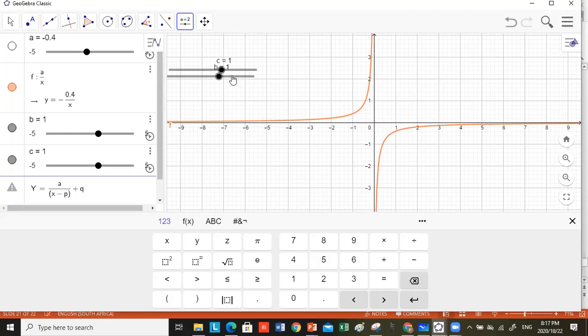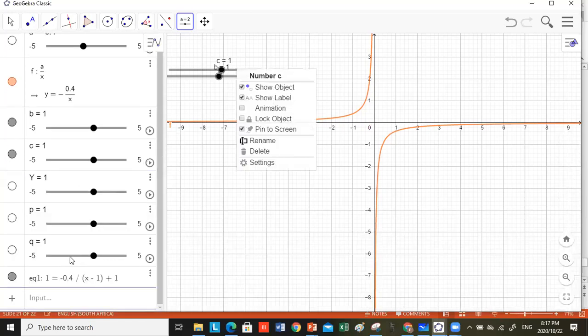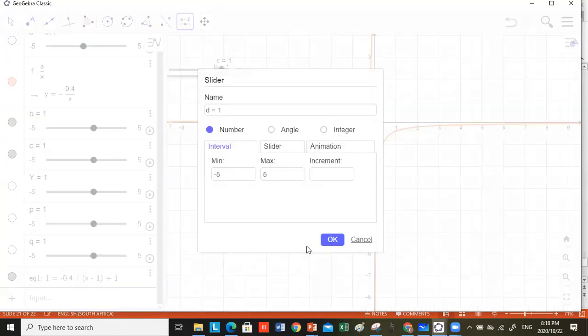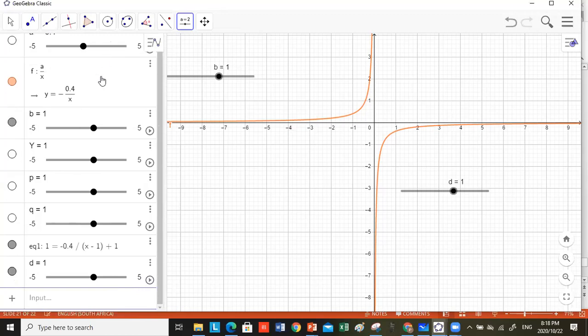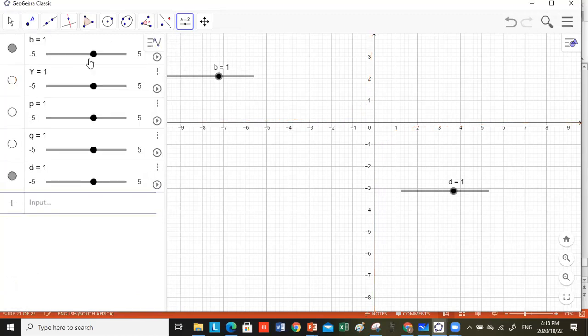Let us add another slider here, which we don't have. Let us remove this one. Oh, yeah, okay. We have now a P, we have a Q. Okay, let's just enter this and see what is going to happen. Okay, no, it doesn't want this mess here. Let me just remove these things which are not needed here.